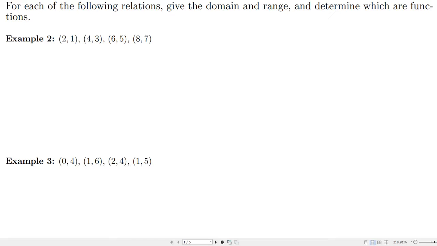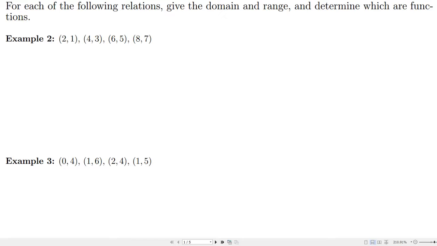In the book, we introduce the notion of relations. So a relation is just a rule that pairs each element of one set, which we call the domain, with one or more elements from the second set, which is called the range. We actually saw an example of this up above, but an alternative definition of a relation is just a set of ordered pairs.